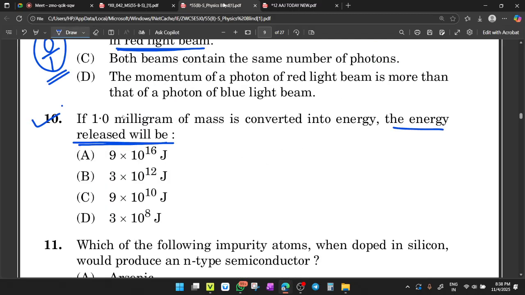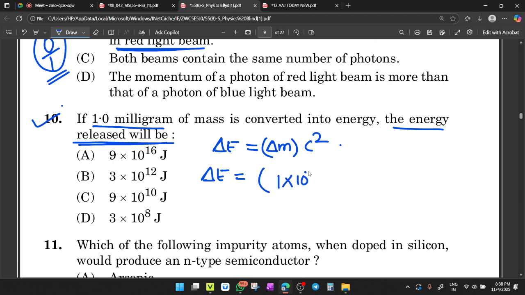Next question is question number 9. Very simple. Here the mass given is 1.0 milligram, which is converted. So by the formula, delta E equals delta M into C square. The mass is given as 1 milligram, so 1 into 10 to the power minus 3.